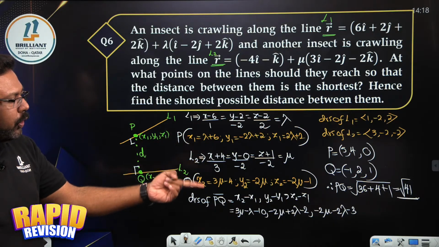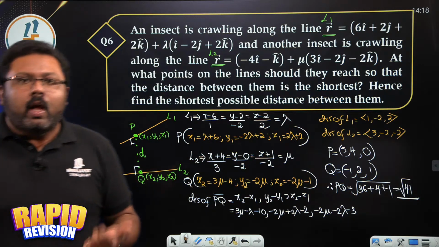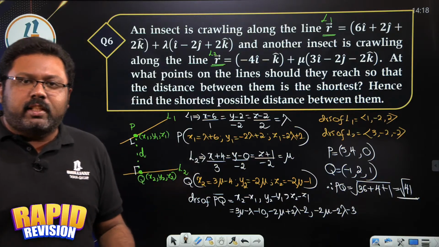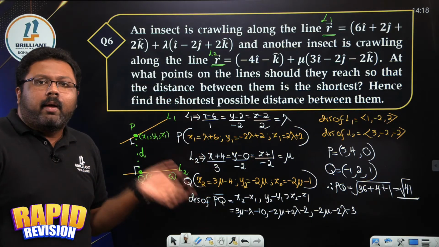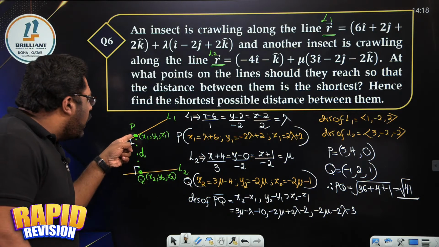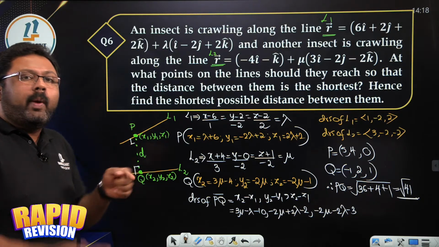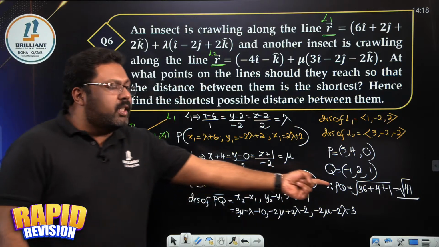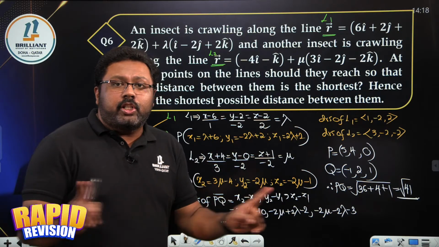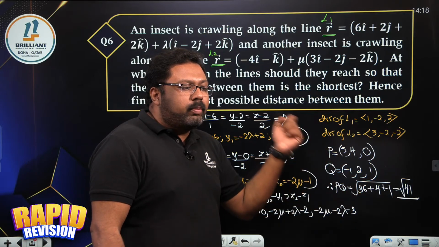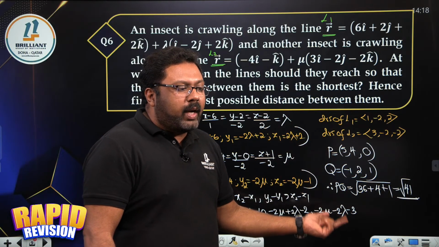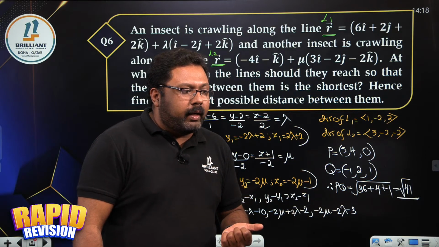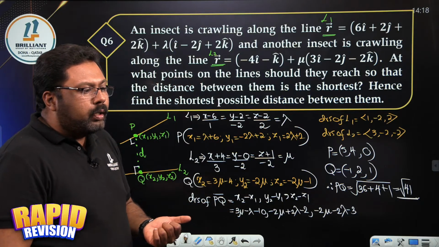So please, all of you, study this kind of question where you are supposed to find the shortest distance, not using the formula, but by finding the coordinates of the points on the lines where the distance is shortest, and then measuring the distance between them using the distance formula. That's all. Not the shortest distance formula, direct root of x2 minus x1 squared, y2 minus y1 squared, z2 minus z1 squared. Okay?